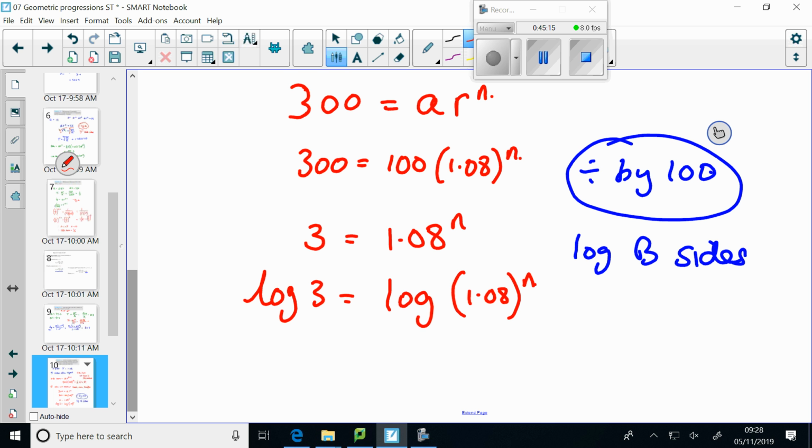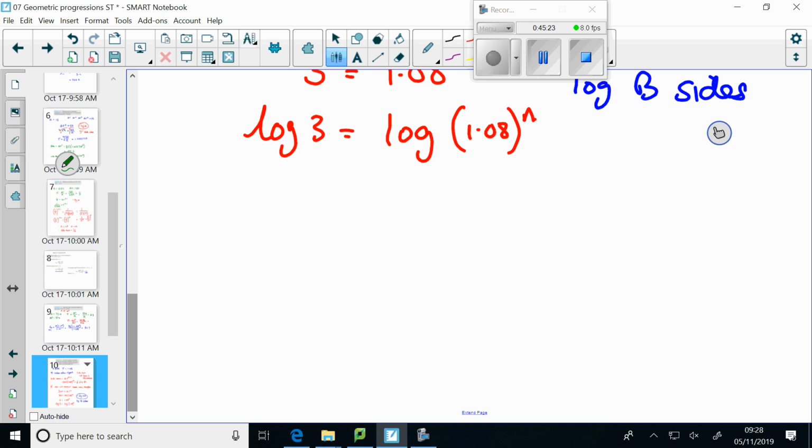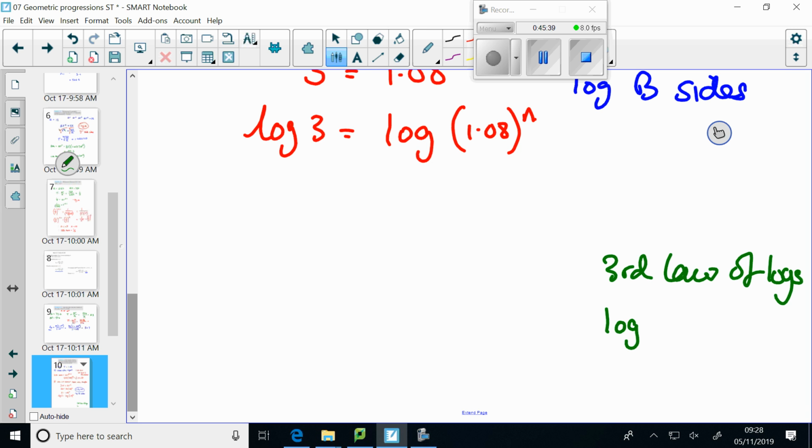Now, one of the laws of logarithms is, third law in fact: log of A to the n can be written as n times the log of A. So that's the third law.